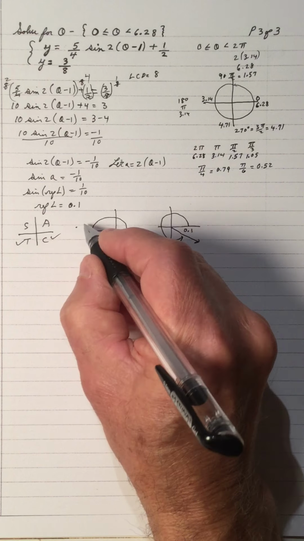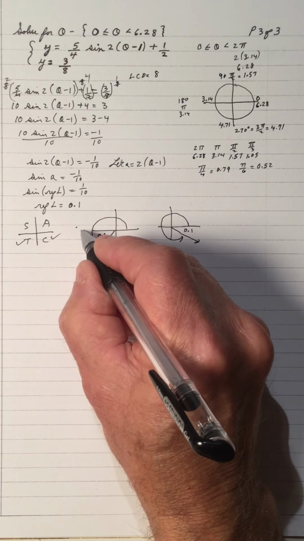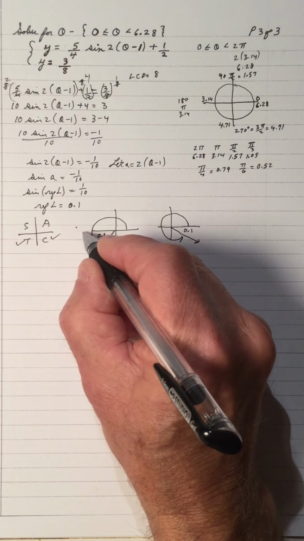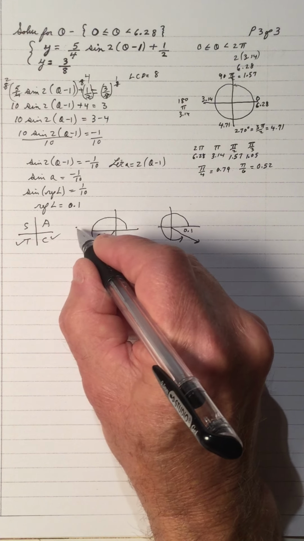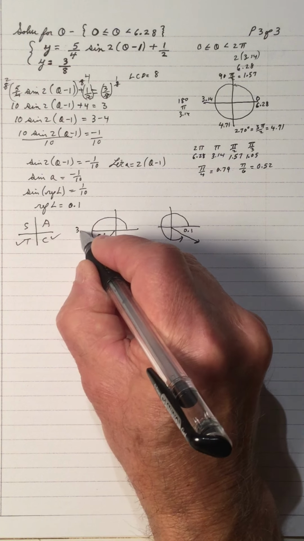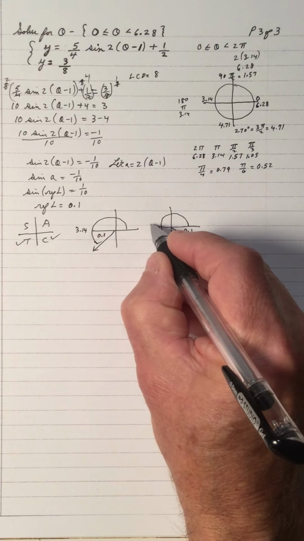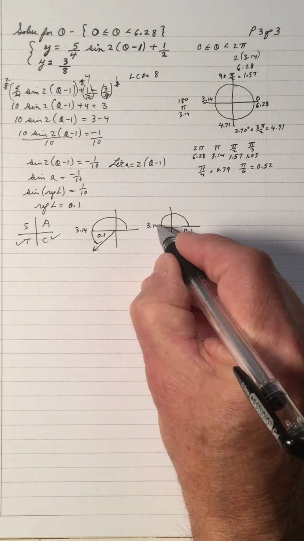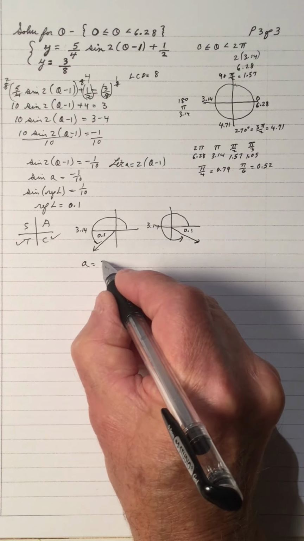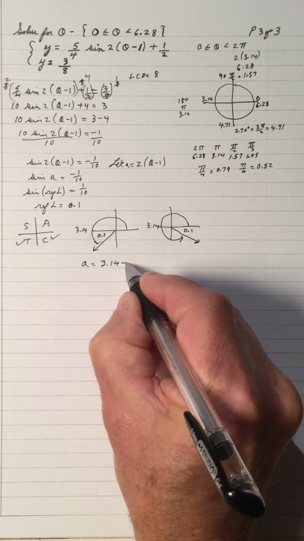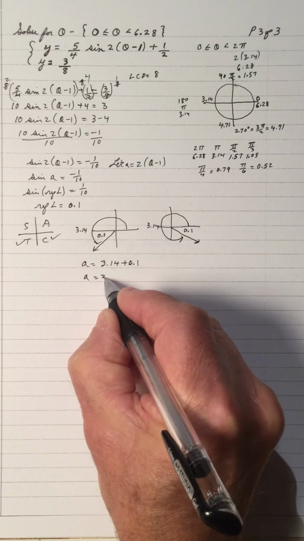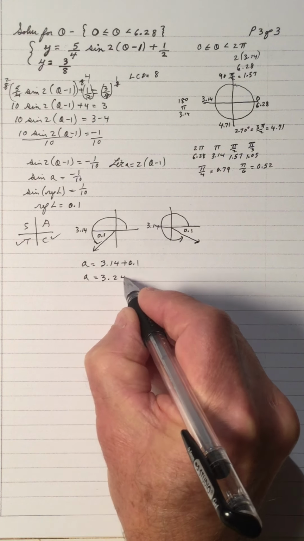Now this would normally be 180 degrees, or pi, but now, in terms of a decimal, it's 3.14. That's the difference. So A is 3.14 plus 0.1, so A is 3.24.